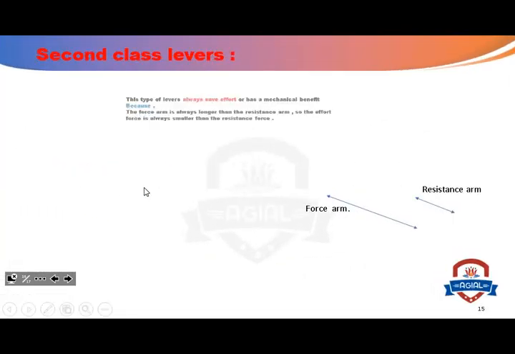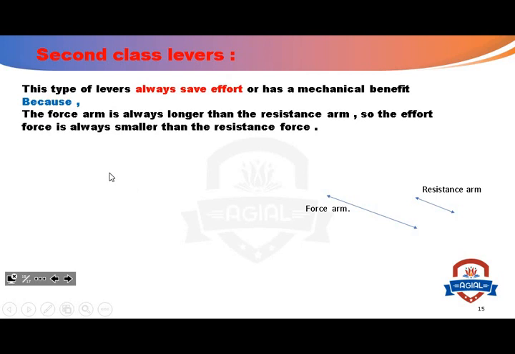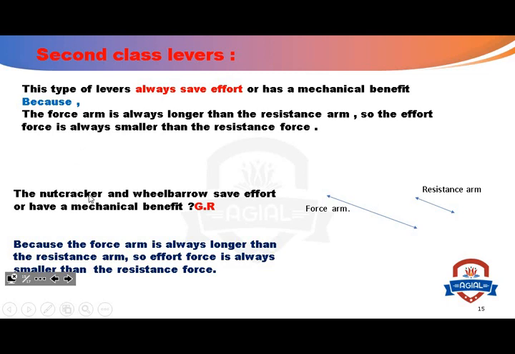Second class levers always save effort or have a mechanical benefit, because the force arm is always longer than the resistance arm, so the effort force is always smaller than the resistance force. The nutcracker and wheelbarrow save effort or have a mechanical benefit because the force arm is longer than the resistance arm.